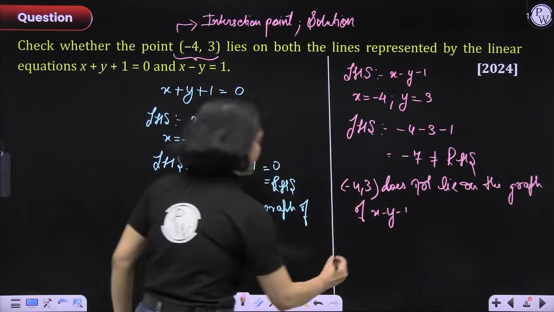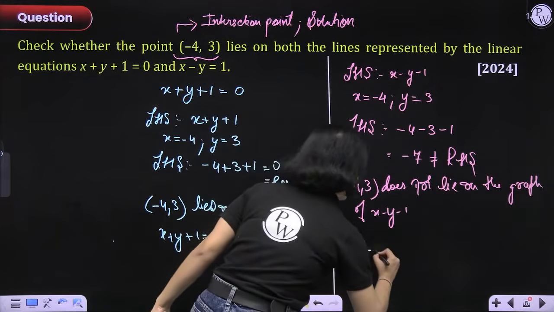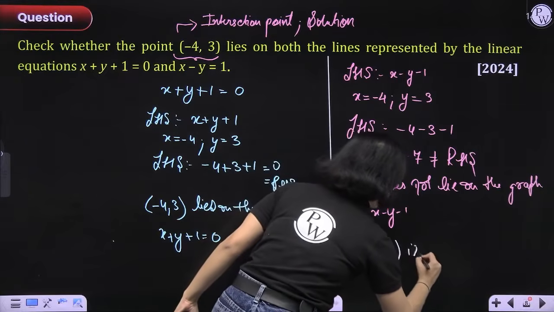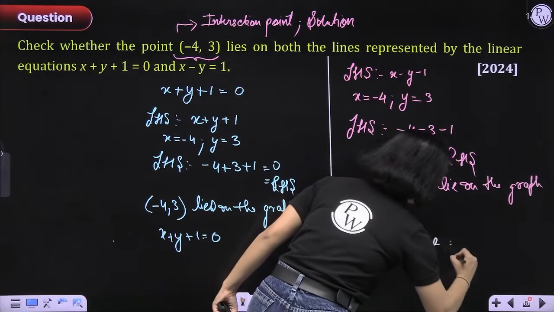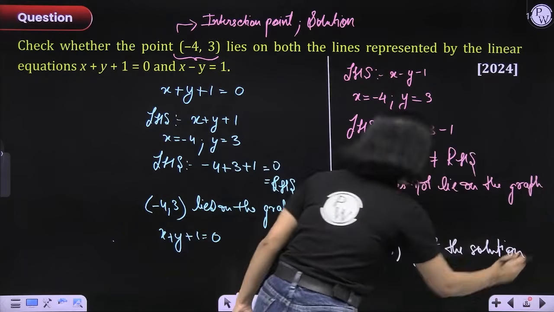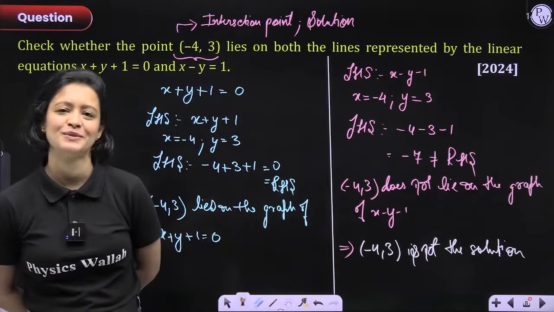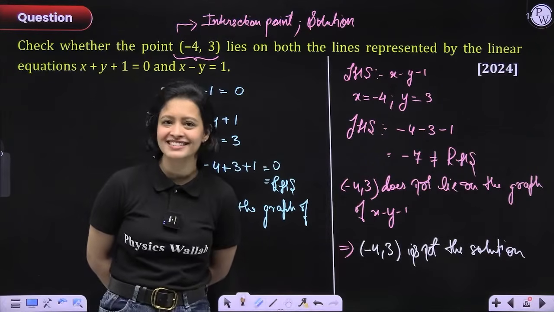So this implies that negative 4 comma 3 is not the solution for both the equations. You can write it this way, or you can write that it does not lie on the graphs of both of the equations. Okay, simple, very basic, right?